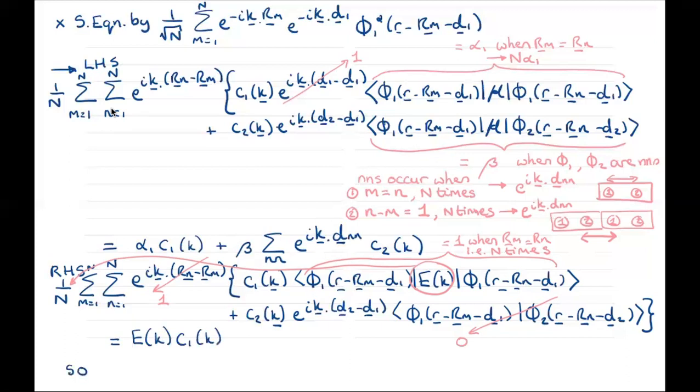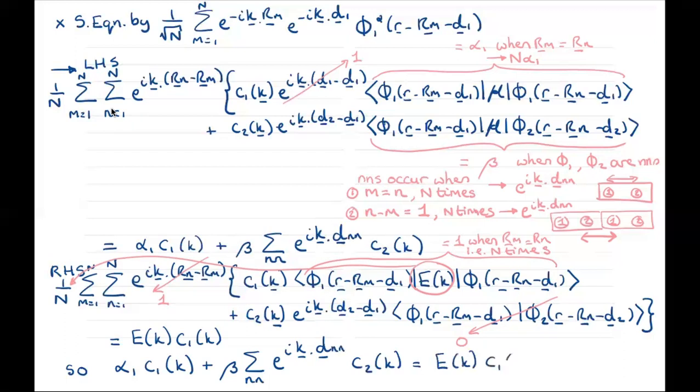So overall, the first of our two simultaneous equations is alpha 1 c1 of k plus beta, sum over the nearest neighbors, e to the i k dot the nearest neighbor spacing, c2 of k, is equal to e of k, c1 of k.